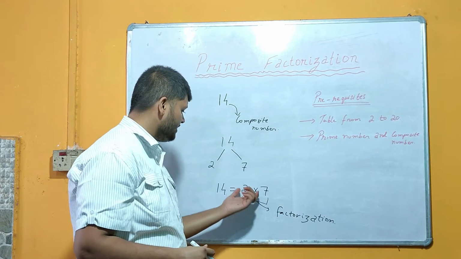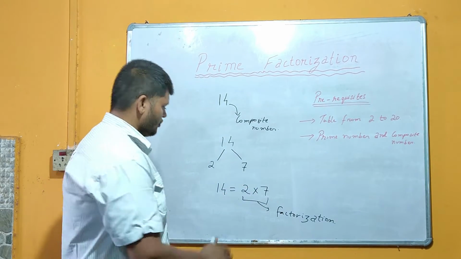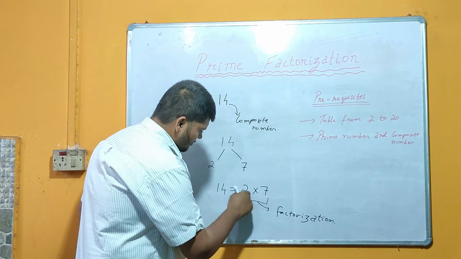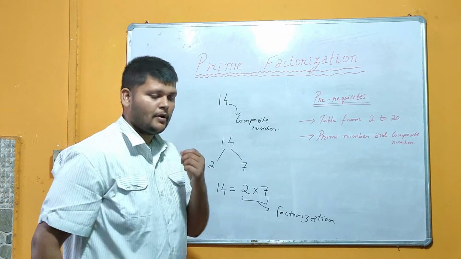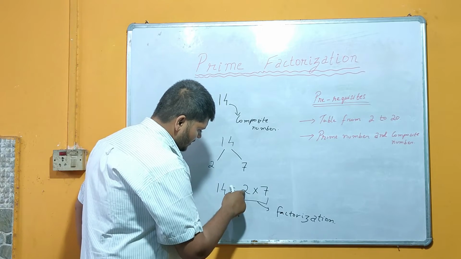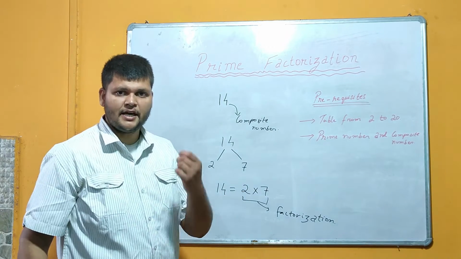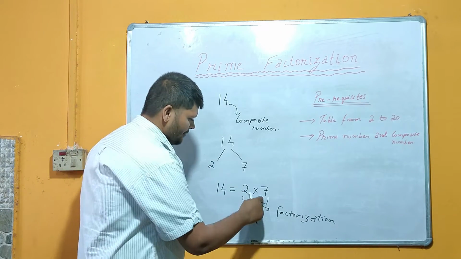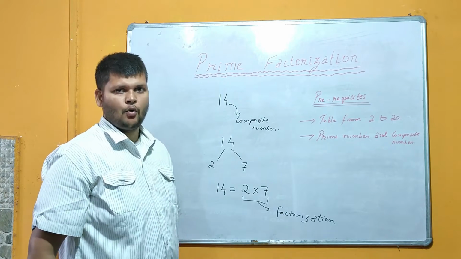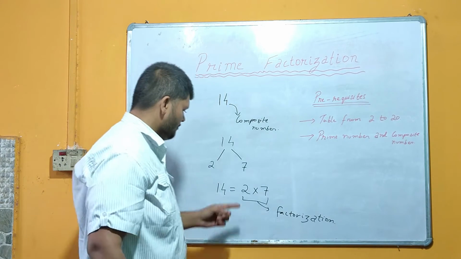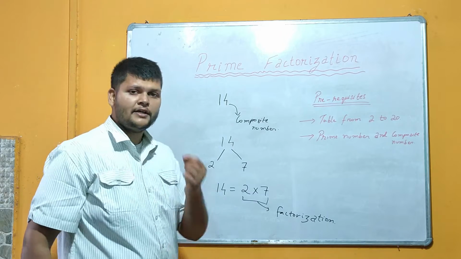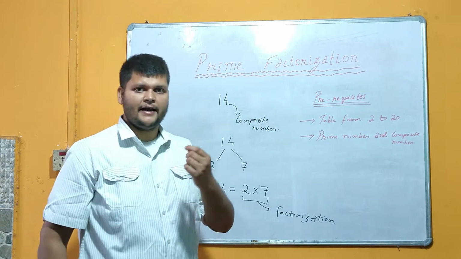So how can we say it is a prime factorization? Whatever the number we are multiplying over here, we have to see that it is a prime number only. So now you tell me, this 2 is a prime number or not? Yes, 2 is a prime number. This 7, yes, it is a prime number. Why is it a prime number? Because it will have only two factors. For this 2, you have only two factors, that is 1 and 2.